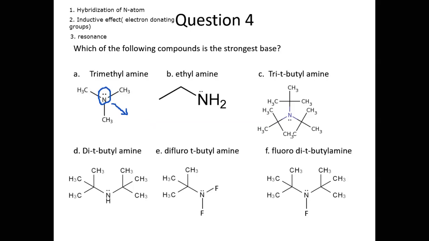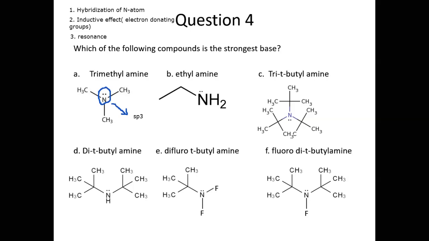We'll just write it sp3. So that nitrogen is sp3 hybridized because it has 3 electron groups around it. What about B? B is also sp3 hybridized. So is C, so is D, so is E, so is F. They all have sp3 hybridized nitrogen atoms. So we can't distinguish based on the hybridization.